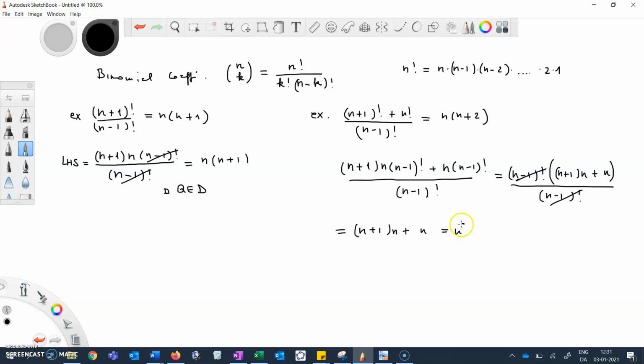But this means that I have n squared plus n plus n. It means that I have n squared plus 2n. And this means that this is actually factorizing n times n plus 2, which is the right-hand side. So I can even write LHS equals RHS. And that's it.